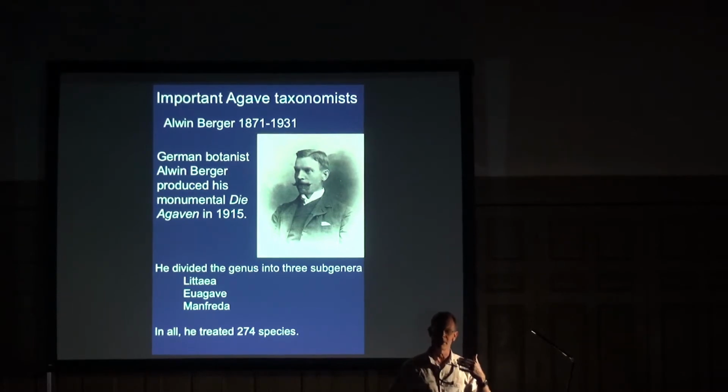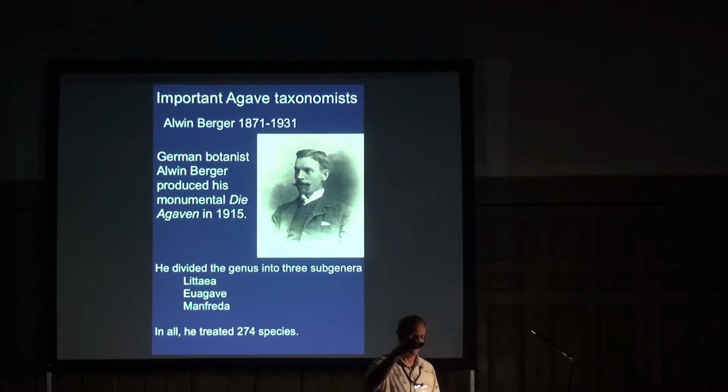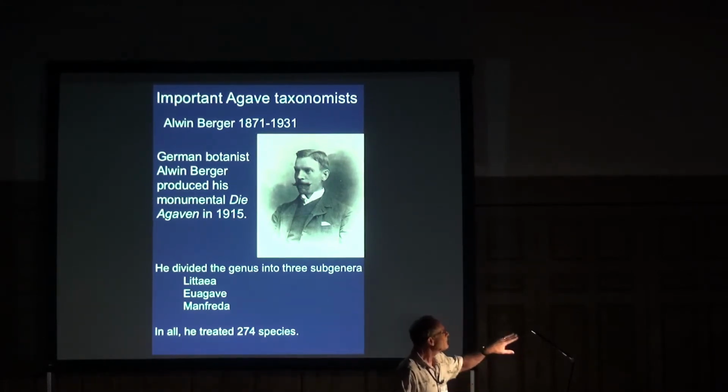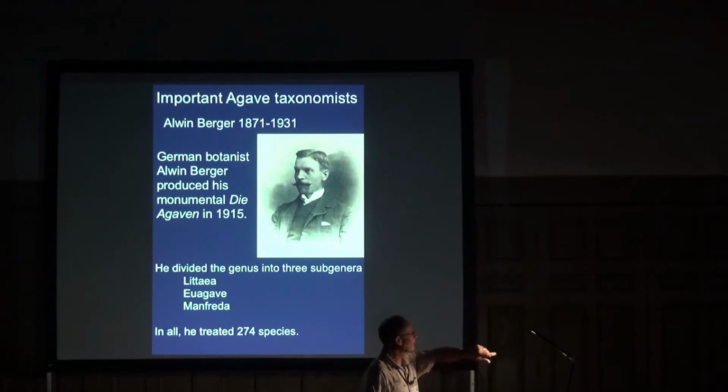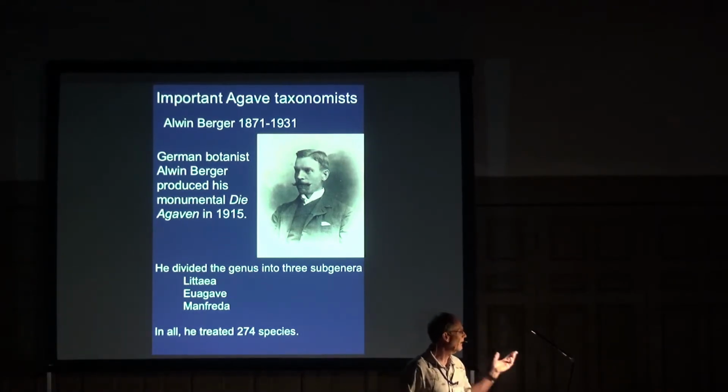I don't know how familiar you are with the organization of the ranks between genus and species, but that's what we're going to focus on a little bit right now. So he divided them into the 3 subgenera, Littaea, Euagave, and Manfreda. And all in all, he treated 274 species.